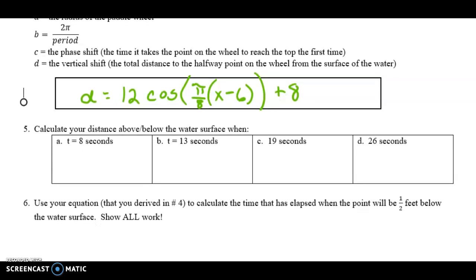I feel comfortable that you can evaluate. You can plug in a value where the t is. Oh, whoops, t, not an x. To make it go with the problem better, we use t for time and d for distance from the water. I feel confident you can plug 13 in for t, and 19 and 26 in for t. Okay? Make sure that your calculator is in radian mode. That's huge.